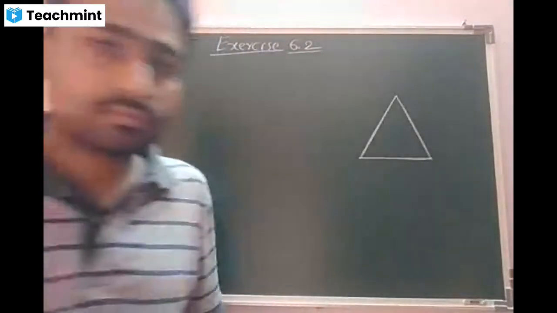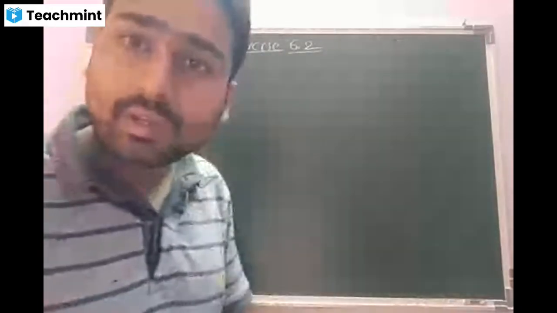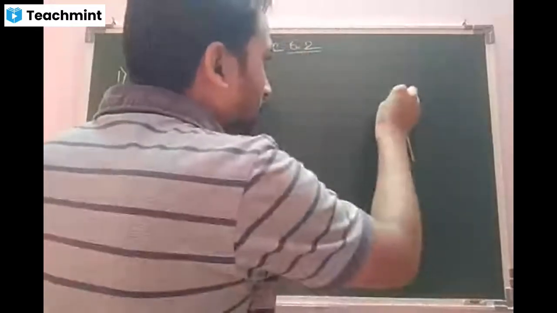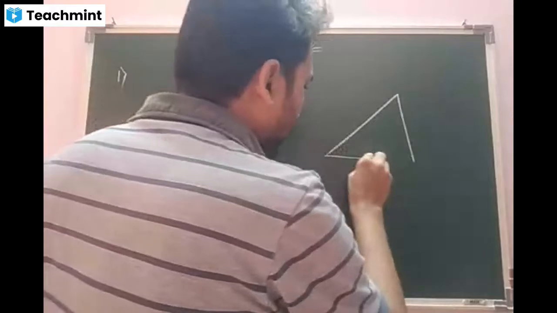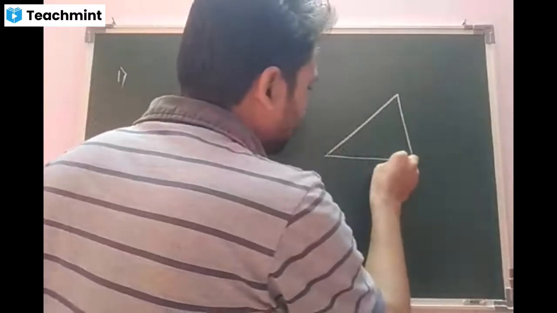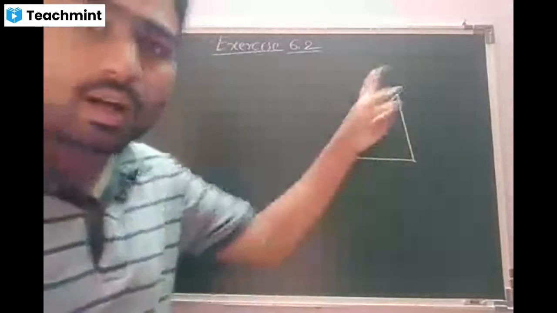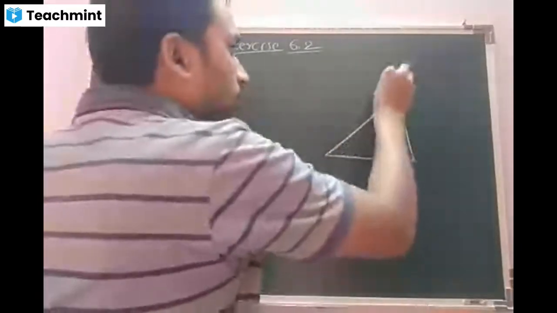Yes, sir. Let us see the diagram. I'll draw somewhat similar to the given. Look at that. In the first diagram, they have given a straight line like this, then one straight line like this, and then one like this. So this is a triangle, the first one. What are the letters used, beta? ABC, sir.